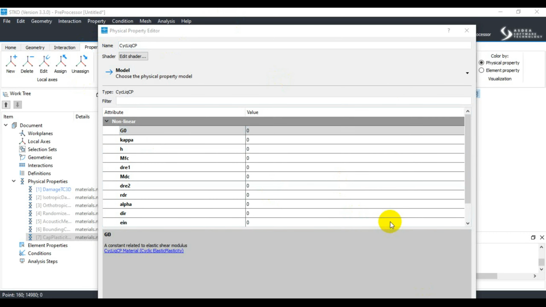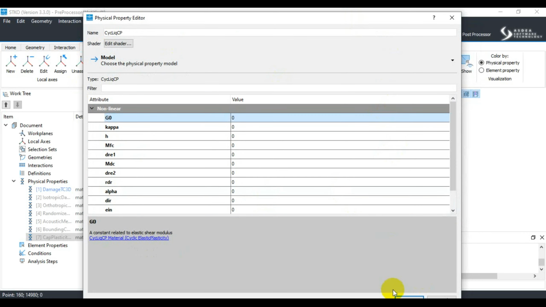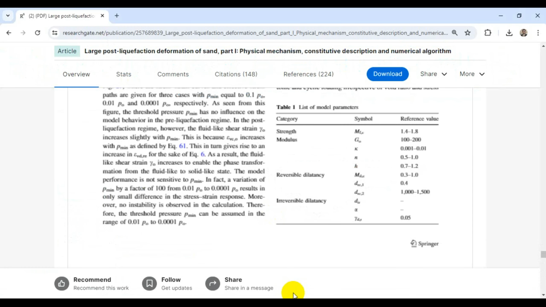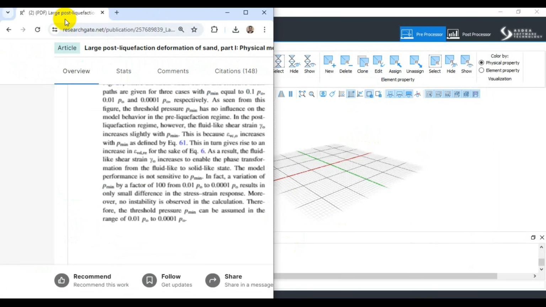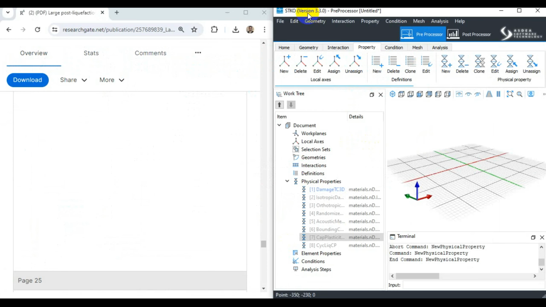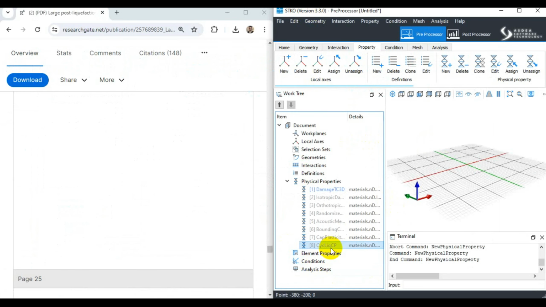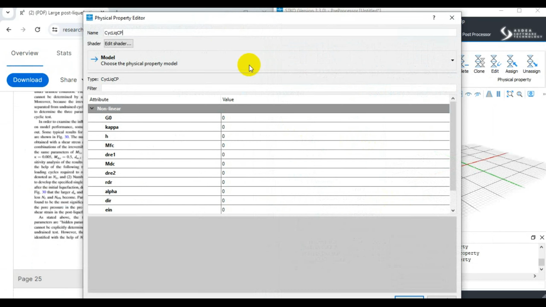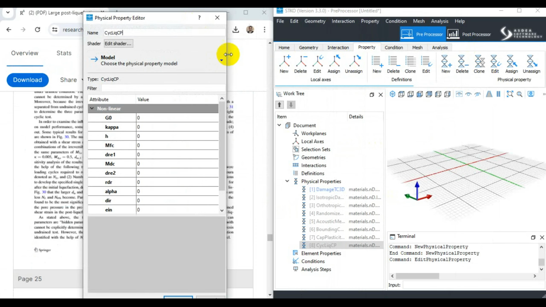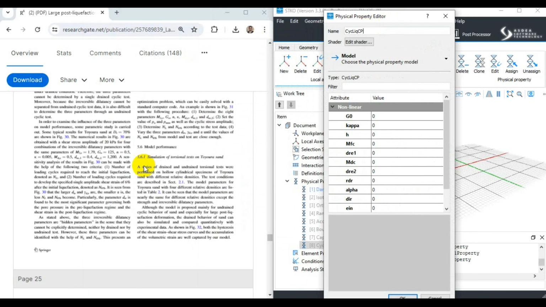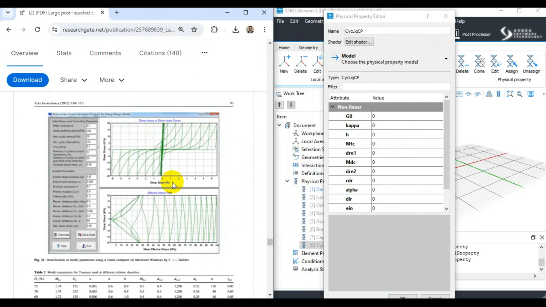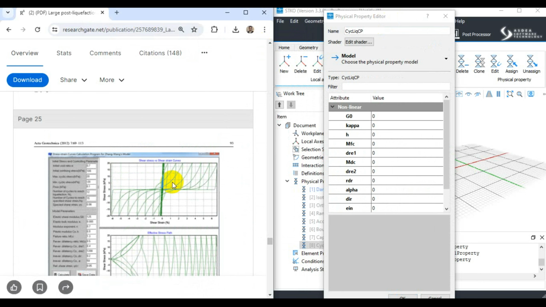This paper has those ranges of parameters that we can use in analysis. So let's edit these parameters to use them. For example usage, I will use these parameters from the table present here.